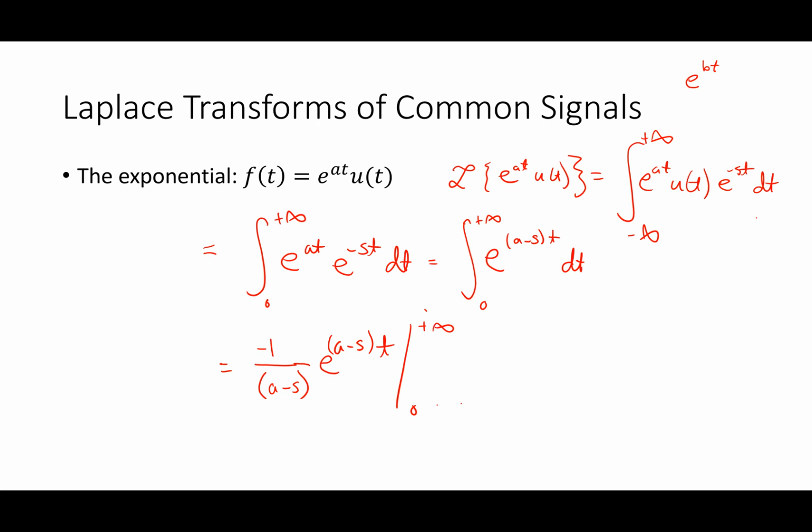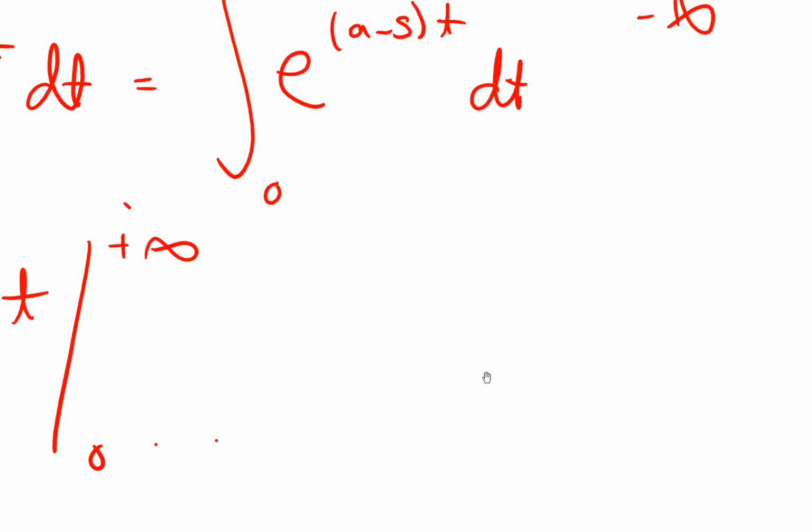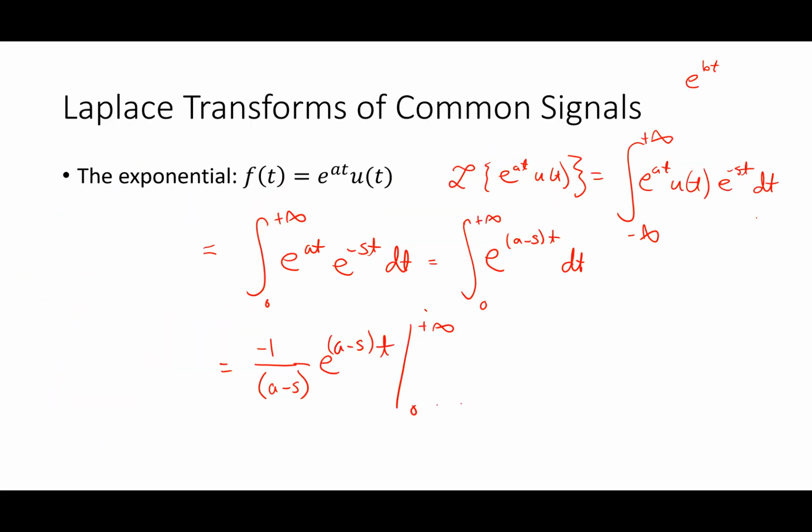Okay. So that's basically what this ends up being. And then if I plug in the two boundaries again, what I end up with is essentially 1 over s minus a as the final result.